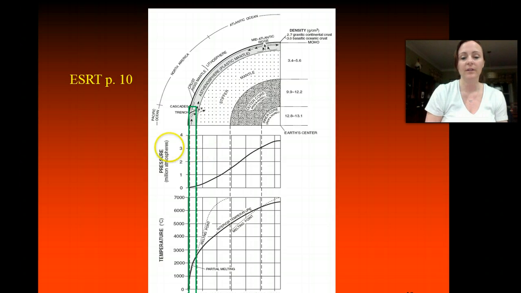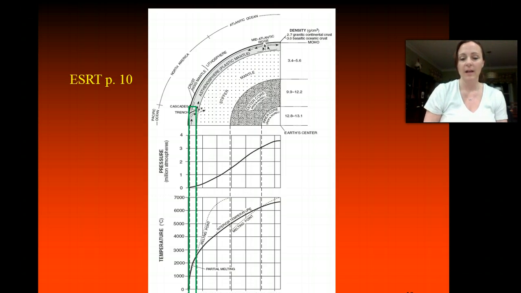Continuing down this chart, if we look at the temperature, we can see that the temperature is increasing as well as we go deeper into the Earth. Within this asthenosphere, between these two dashed lines, where the green outline is in your screencast, the temperature at the very top starts at about 0, then 1,000, and then it increases to about 2,500 Celsius.